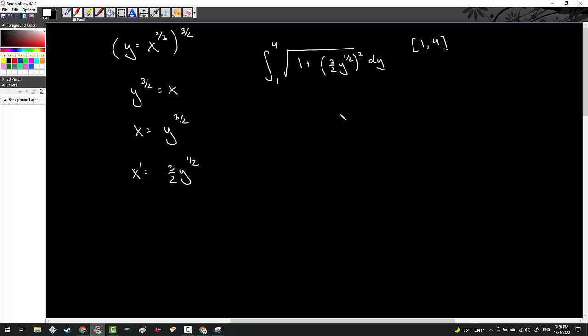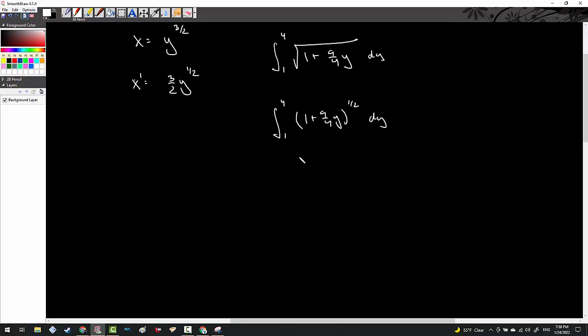Now, this situation should look pretty familiar because this is now the first problem, right? This is the very first example that we did, where it's from 1 to 4 of the radical of 1 plus 9/4 y dy. And so now with a little bit of chain rule, I can go ahead and call it the integral from 1 to 4 of 1 plus 9/4 y to the 1/2 dy. And I'm going to get 1 plus 9/4 y to the 3/2 times 2/3 times 4/9 for chain rule on 1 to 4.